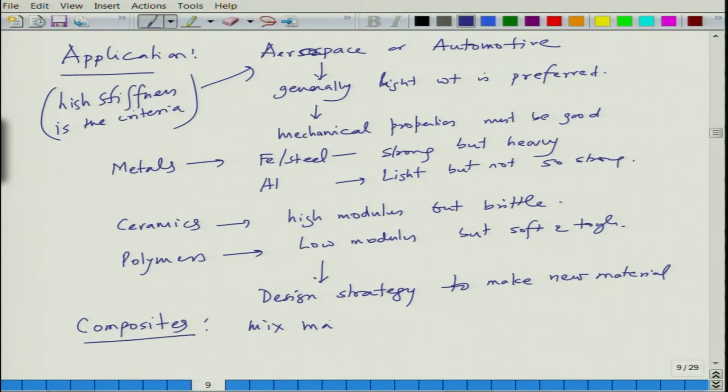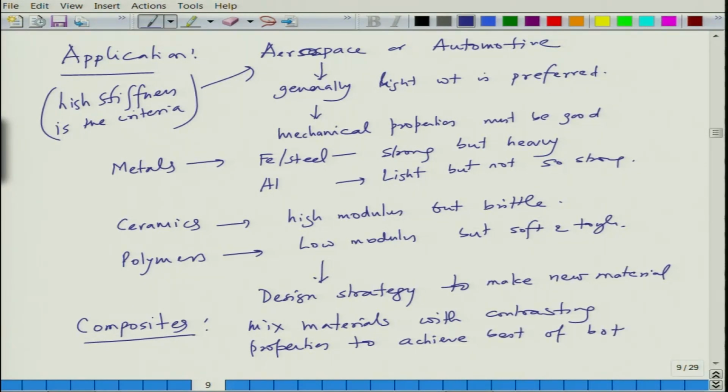Composites means you mix materials with contrasting properties to achieve the best of both. This is the objective.